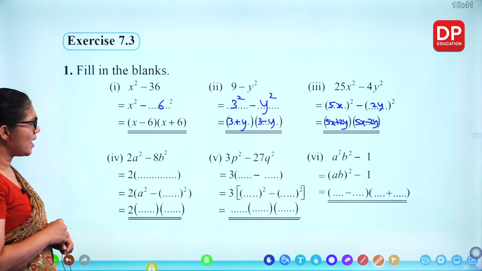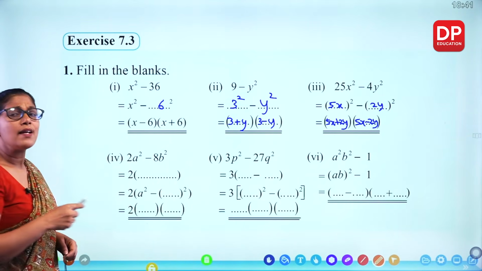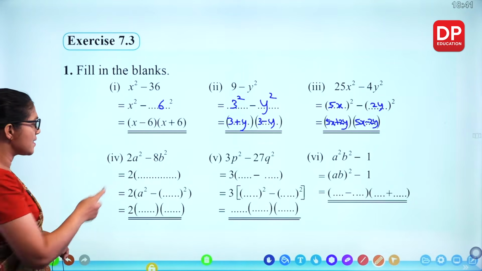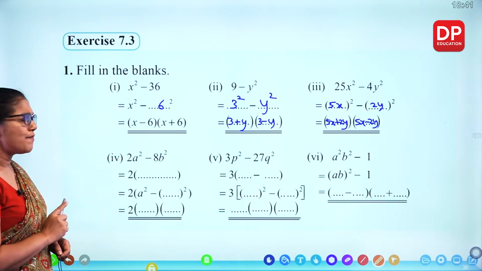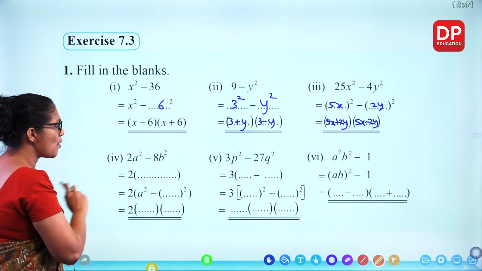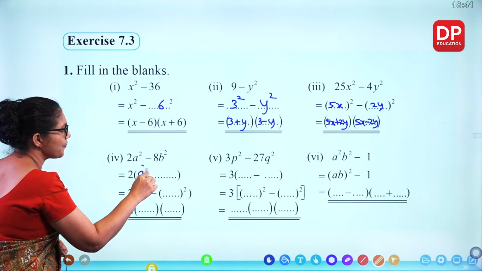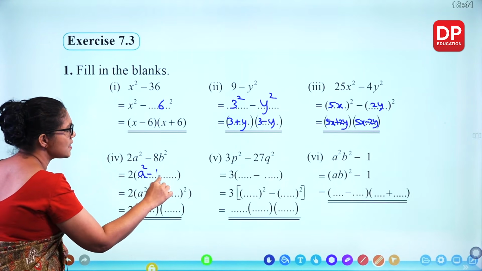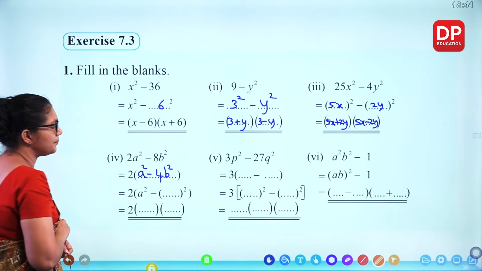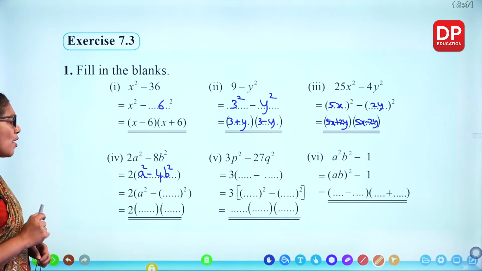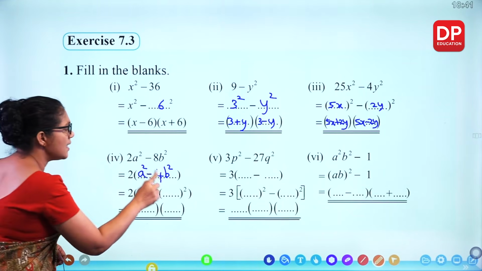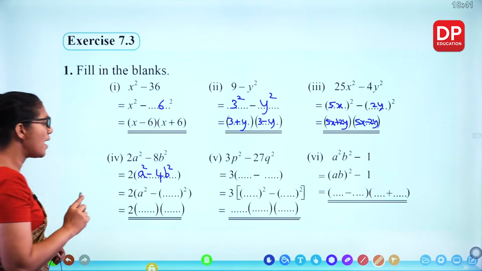When you look at this one, first thing, check whether there are common factors. 2 is a common factor for both. So take it out first. So what is remaining? You get a squared minus 4b squared. Now try to write it down as a square number. Here, how to write 4b squared as a square number?